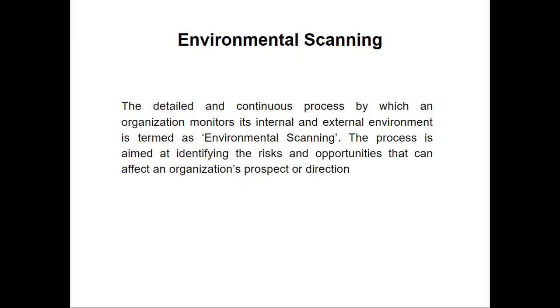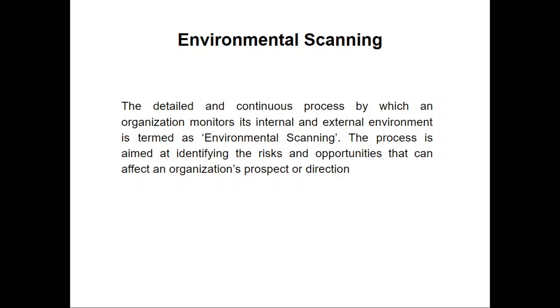Then what does environmental scanning mean? It is the detailed and continuous process by which an organization monitors its internal and external environment. The process is aimed at identifying the risks and opportunities that can affect an organization's prospect or direction.